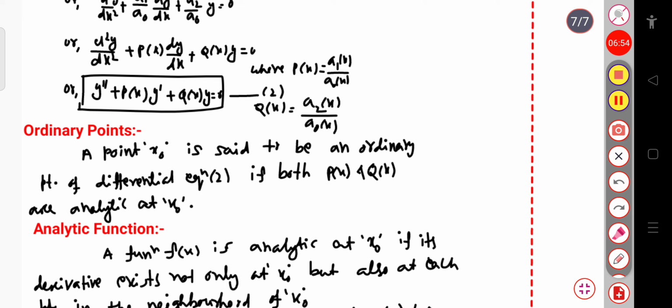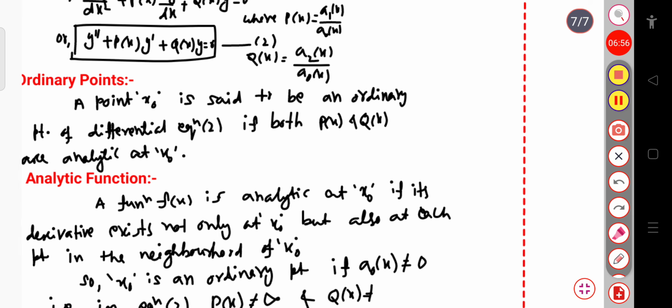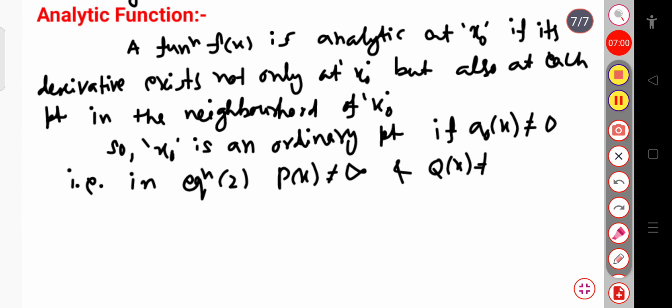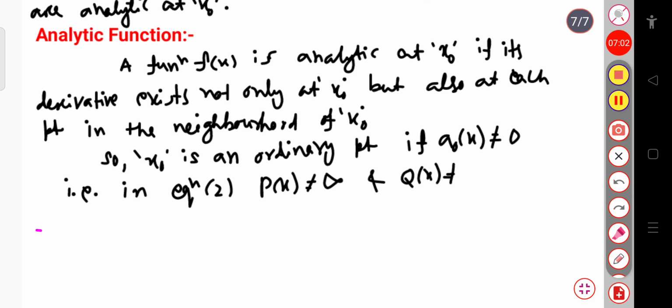Also, suppose there are two functions f and g. If f and g are analytic at some point x equal to x naught, then their sum, f plus g, and their product, fg, are also analytic at the same point x equal to x naught.